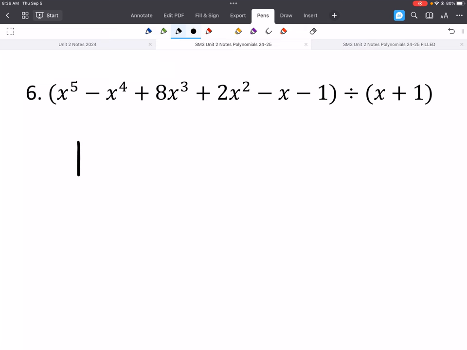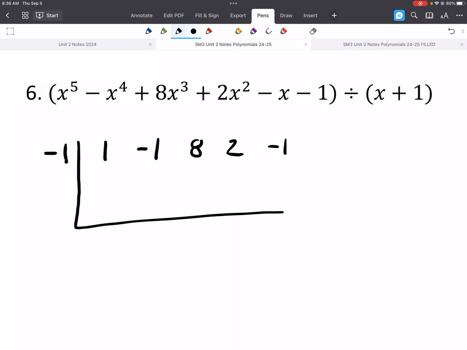So we're going to write down our 0, which should be -1. Write down our coefficients. So 1, -1, 8, 2, -1, and -1. And then we're just going to bring down the leading coefficient, and then multiply, add, multiply, add, multiply, add.